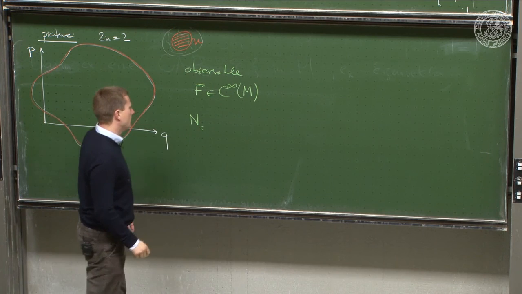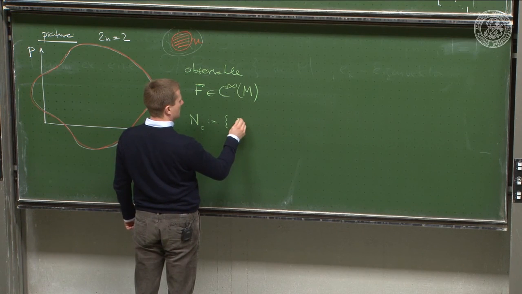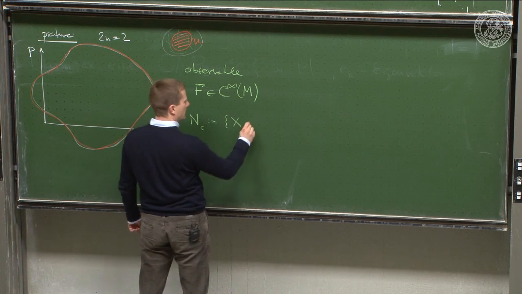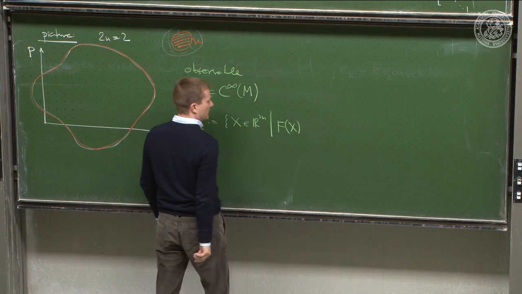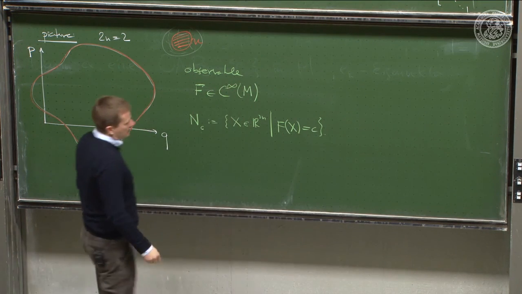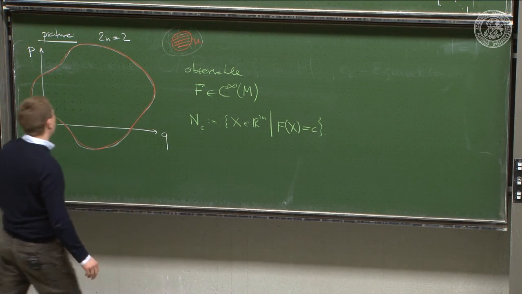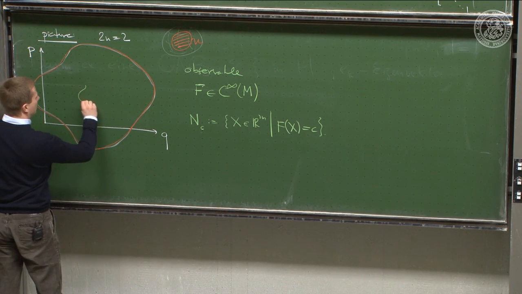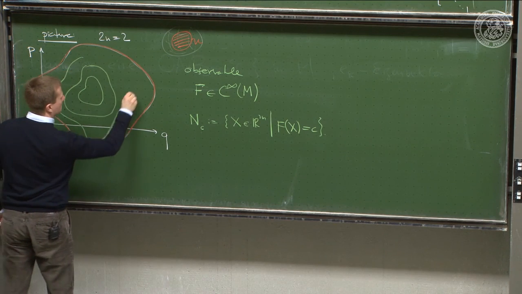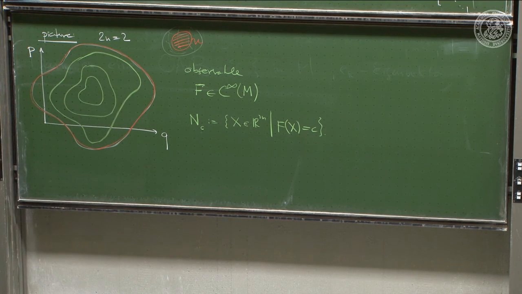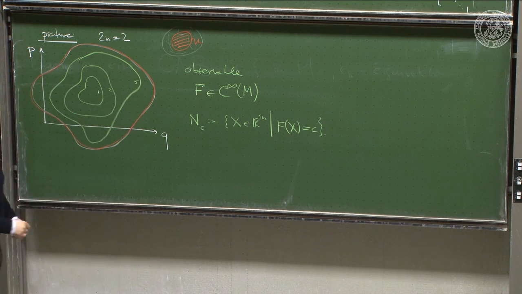I can ask for any real number c, what are all the points X in R^2n, such that f, in this chart, has constant value c. And for instance, the f could have level sets like that. And let's say this is 1, this is 2, this is 5, something like that.